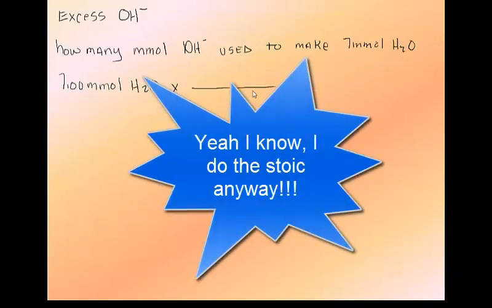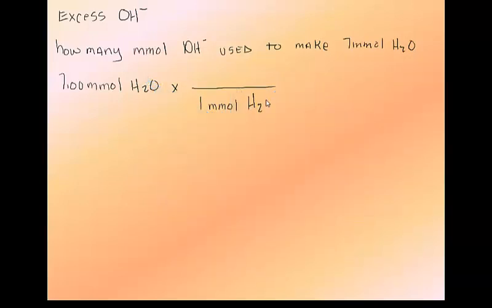Focusing on my excess ion, which is the hydroxide, I am going to figure out again how many millimoles of hydroxide I used to make the 7 millimoles of water. And I'm really not going to do the stoichiometry of it. I mean, it's pretty obvious it's a 1-to-1 ratio. For every 1 millimole of water, you use 1 millimole of hydroxide.